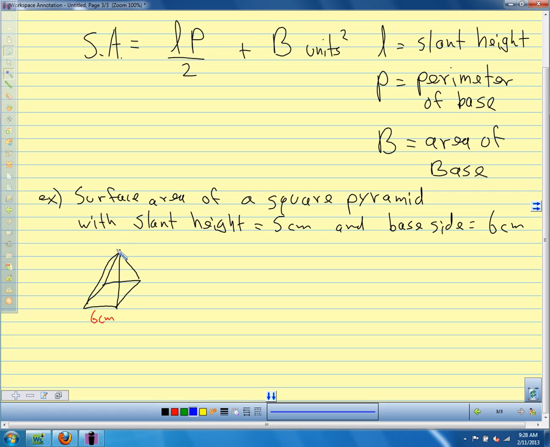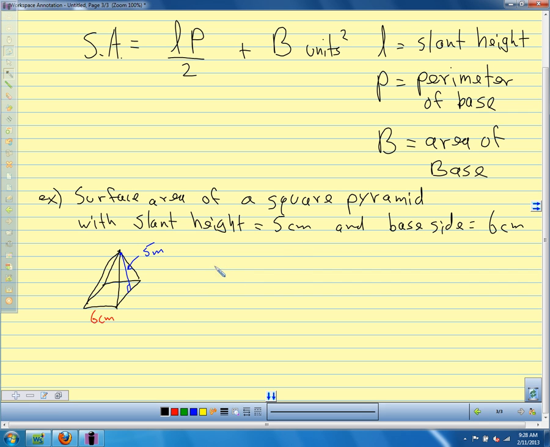Does the slant height go to the middle of the base, Angelique? It goes down the lateral face or the side. So our slant height is going to go down the side like so, and it makes a 90-degree angle at the edge of the base. So that side is 5 centimeters, that blue segment. All right, so the height of the triangle goes to the middle of the base. The slant height goes down the side.